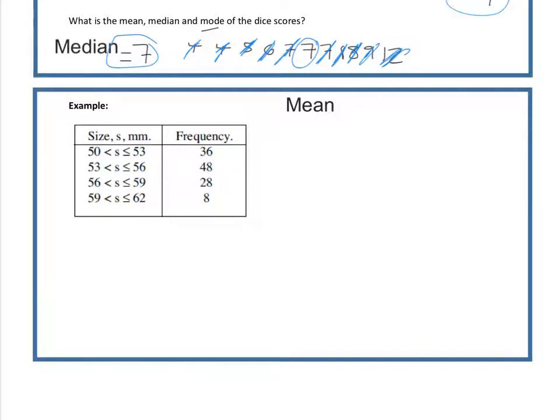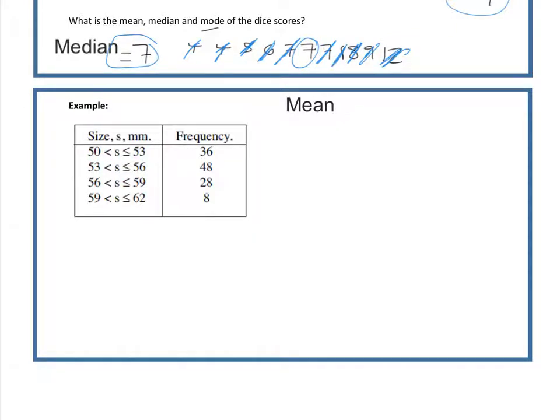They could have been 51, 50.1, 53 millimeters, 52.8 millimeters, 51.5 millimeters. We don't know. So what we need to do is just take an estimate for what they could be, and the best estimate that you can give is the midpoint of the class group. So the midway point between those two.